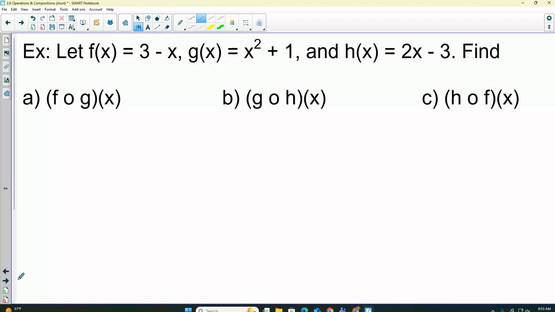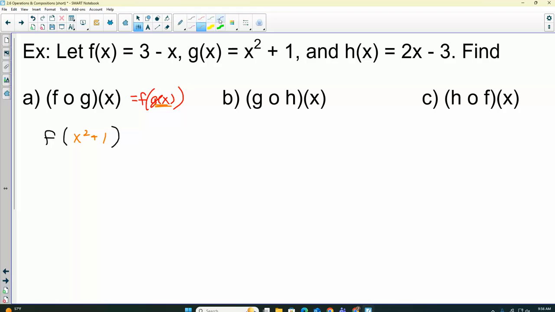So, we don't have to have numbers to plug in. I can ask you to find expressions, just like we did when we were adding and subtracting. Sometimes we had numbers, sometimes we just had an answer in terms of x. If I ask you for f composed with g of x, or another way it's written, f of g of x, you start on the inside. What is g of x? x squared plus 1.